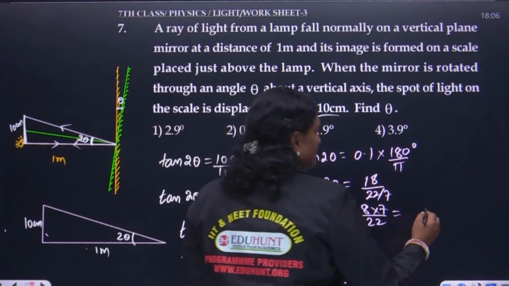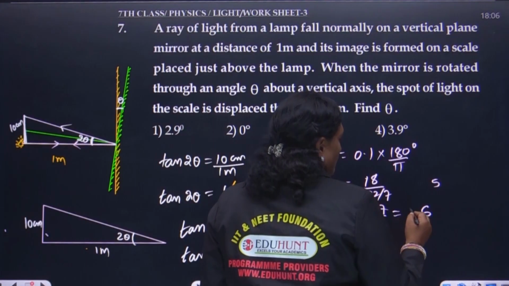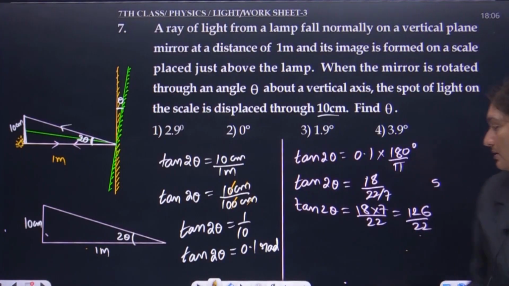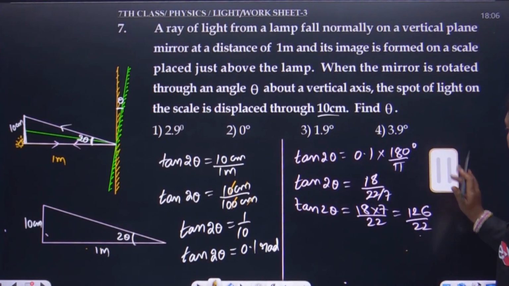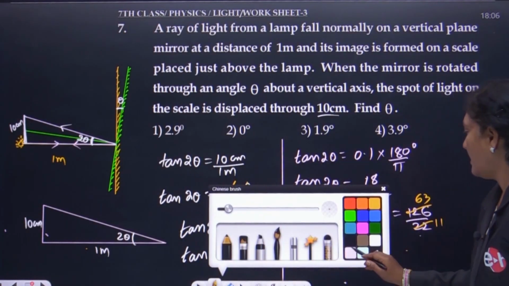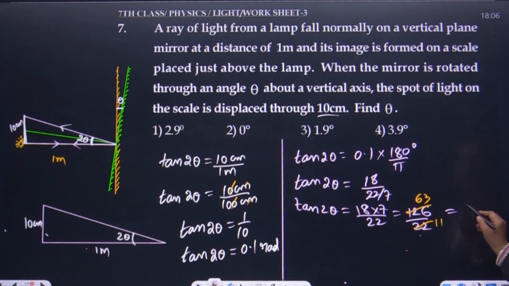Multiplying we get 8 sevens 56, 126 upon 22. Simplifying further, this goes 63 times and here goes 11 times, and finally this value is found to be 11 5s 55, remainder 8, so 80 means 70, okay, something like this, 5.7, 30, 11 2s, okay.